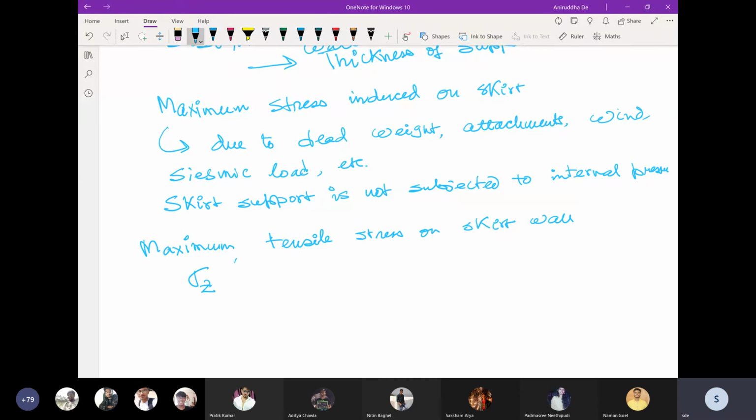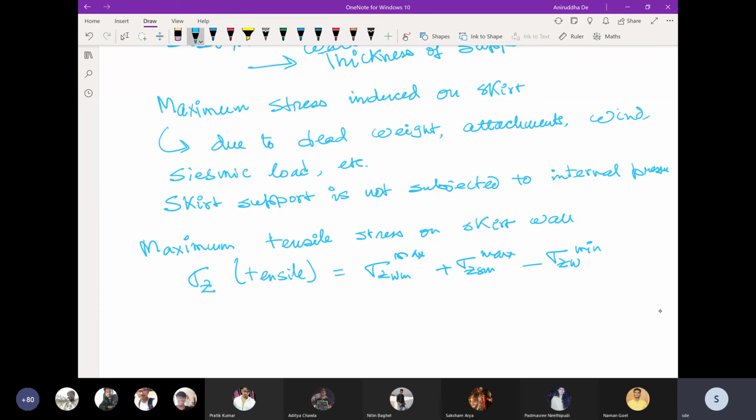That is sigma z tensile, equal to sigma ZWM maximum plus sigma ZSM maximum minus sigma ZW minimum.